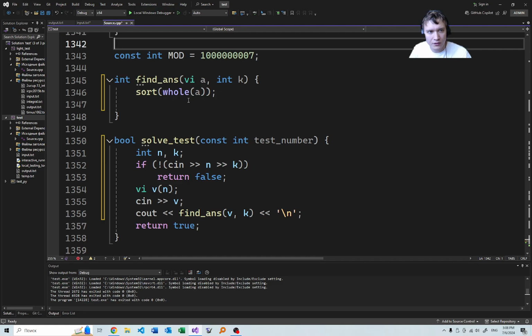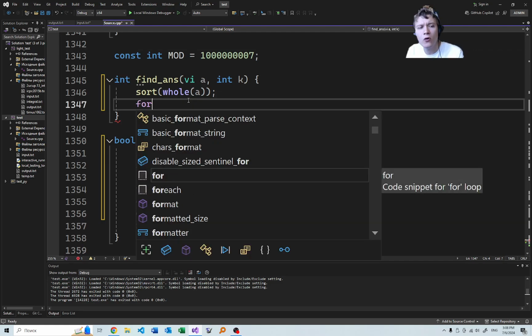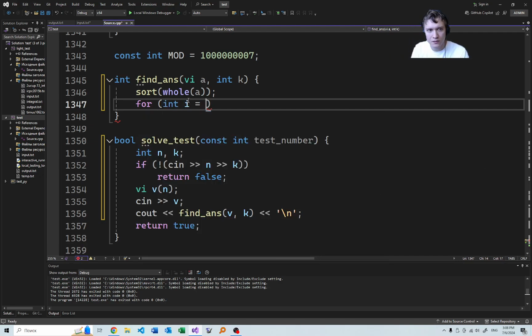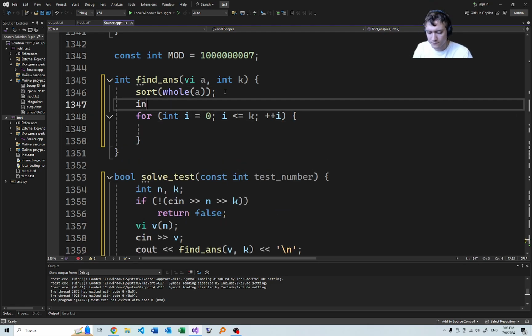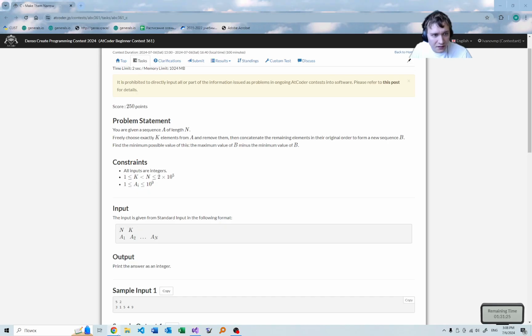So we sort the whole A, and how many options do we have? If we need to remove one element, there are two options. Okay, so 1 and 9 is fine.